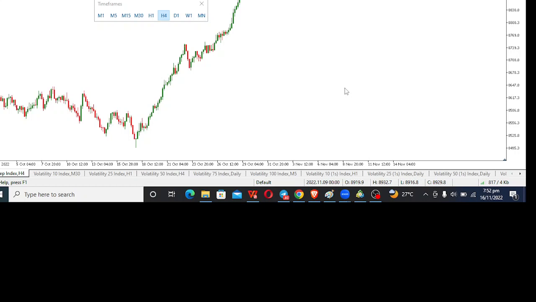Okay, let's proceed. Yesterday I made mention of you getting a wrong entry if you don't get your support and resistance levels, lines or zones drawn correctly. If you are picking a trade based on support and resistance and you don't get your line, your zone or your level correctly, if you are supposed to go for a sell, you rather go for a buy. If it's a buy, you rather go for a sell, just because you didn't get the level or the zone or the line drawn correctly.